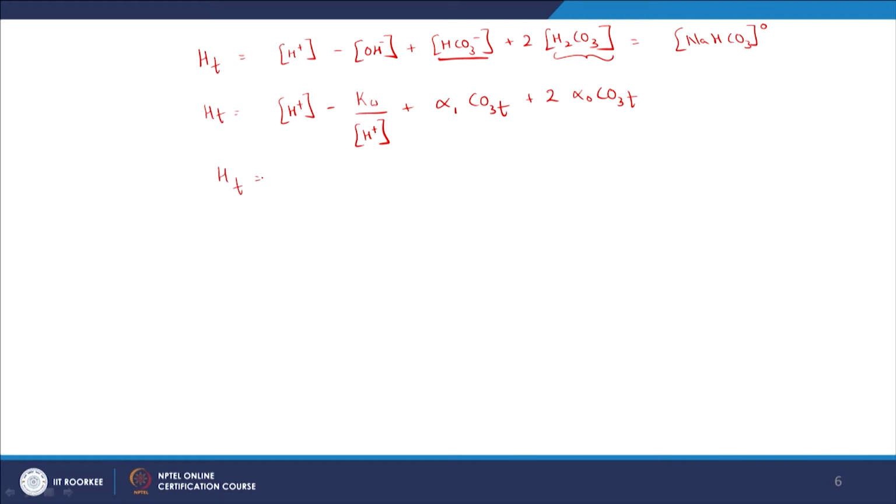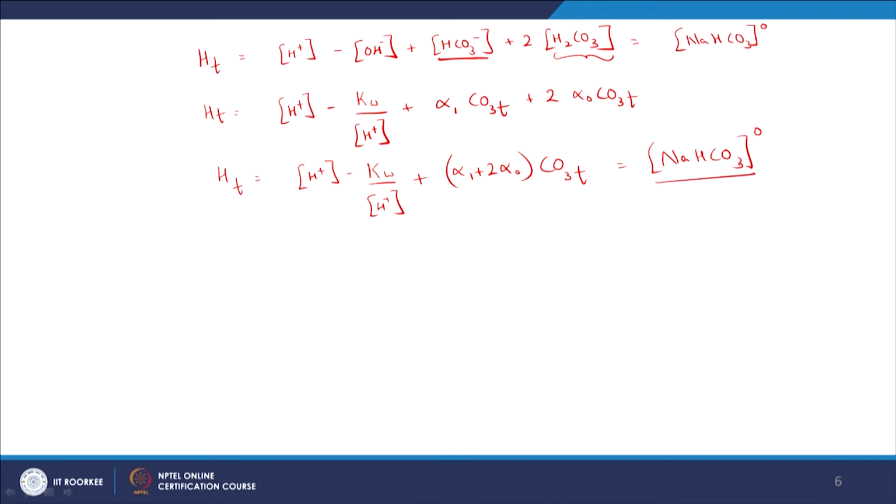Thus we arrive at H plus minus Kw by the concentration of H plus, plus alpha 1 plus 2 alpha naught, into CO3 total. For our particular system, because we are initially adding NaHCO3, that is going to be equal to NaHCO3 naught.